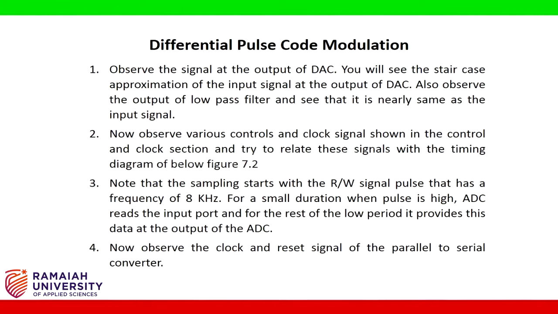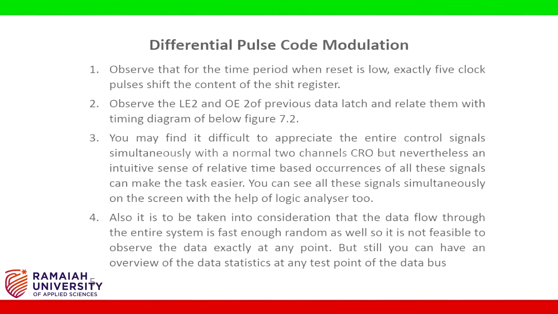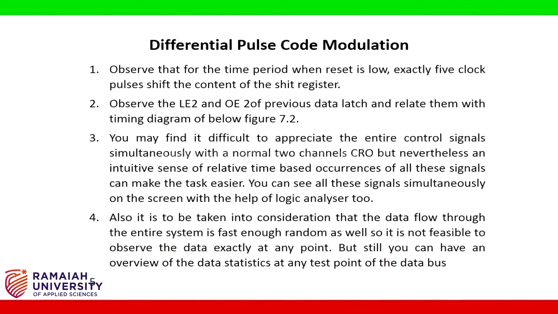Now observe the clock and reset signal of the parallel to serial converter. Observe that for the time period when reset is low, exactly 5 clock pulses shift the content of the shift register. Observe the LE2 and OE2 of the previous data latch and relate them with the timing diagram of figure 7.2.